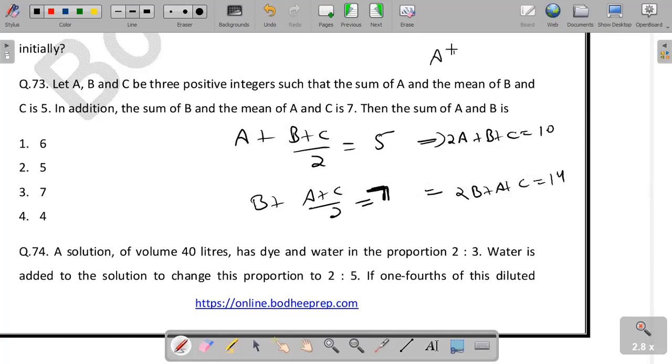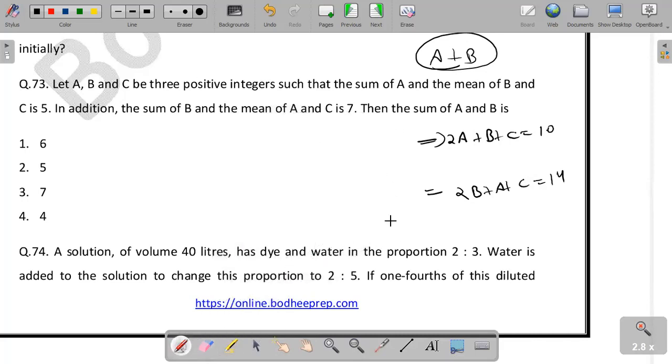Then we have to find A plus B. I don't know if you have been noticing some things. I have been noticing that here is the A extra and here is a B extra, and the question has asked something related to that. I don't literally know how to see that question, but let me do some operations. I will first subtract: 14 minus 10 is equal to 4. 2B minus B, that is B plus C minus A.